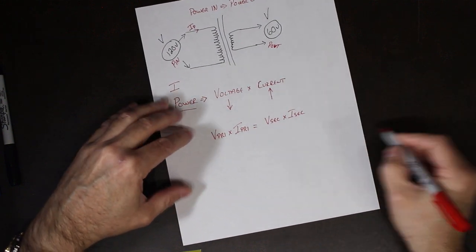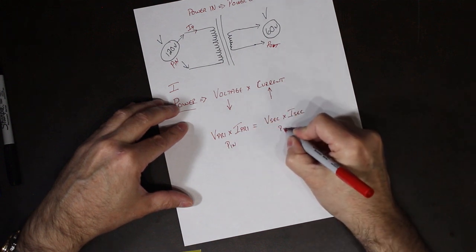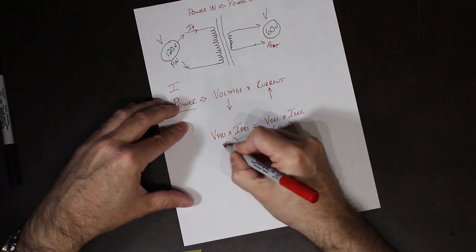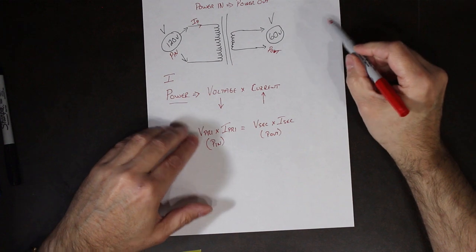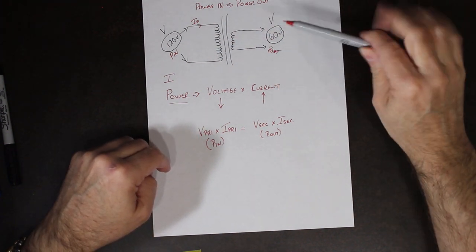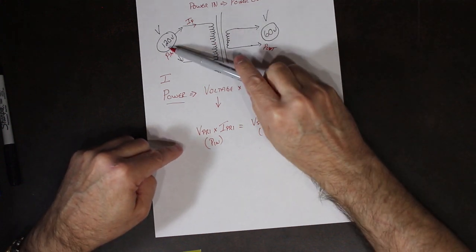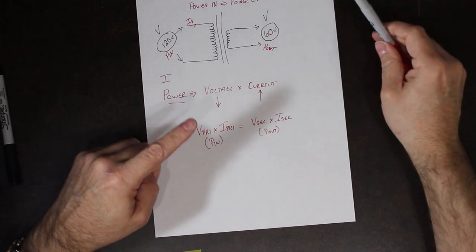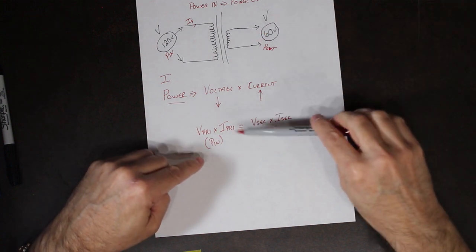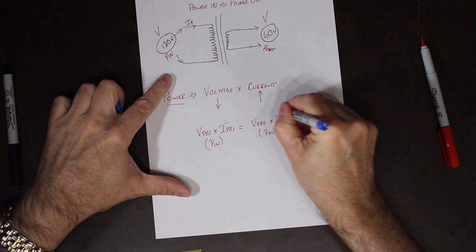Those must be equal because power in must equal power out. So in a step-down transformer, when the voltage goes down, the current goes up. On a step-up transformer, when the voltage goes up, the current must fall. This statement must remain true.